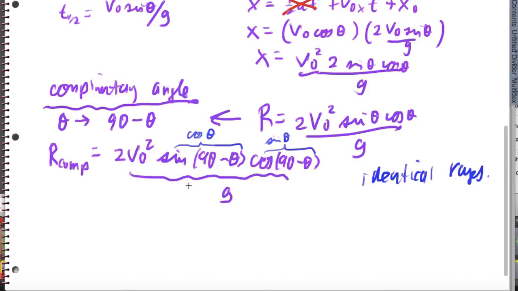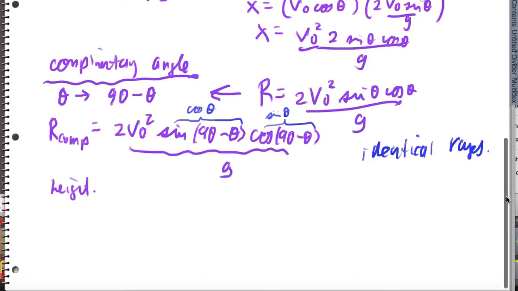So let's get the height formula now. To get the height, I'm going to use the formula v squared equals v0 squared plus 2a x minus x0 from the AP. Not helpful. We need the y formula. So I know at the very top the speed is 0.